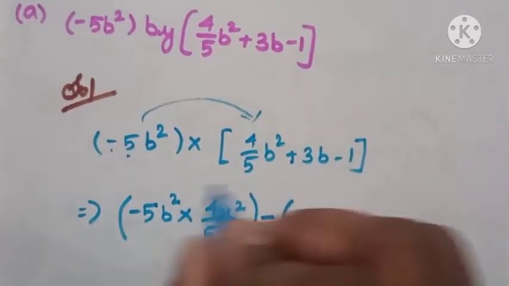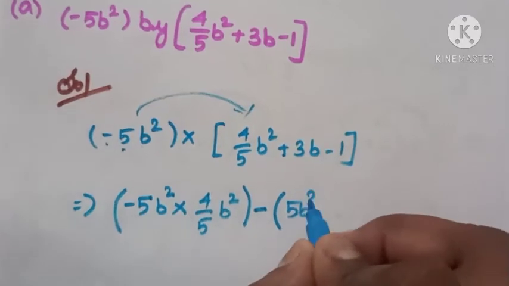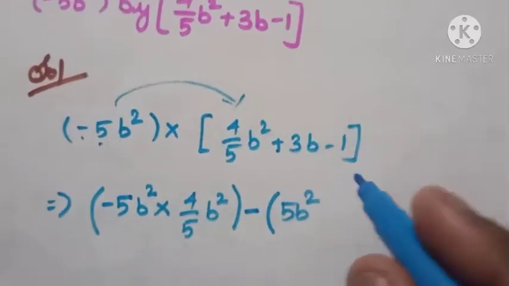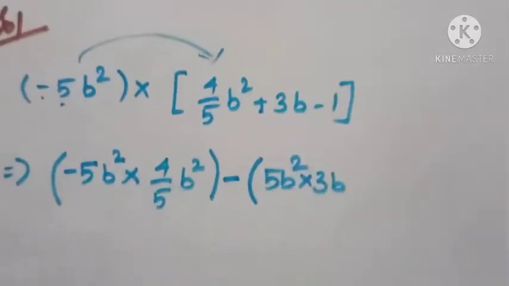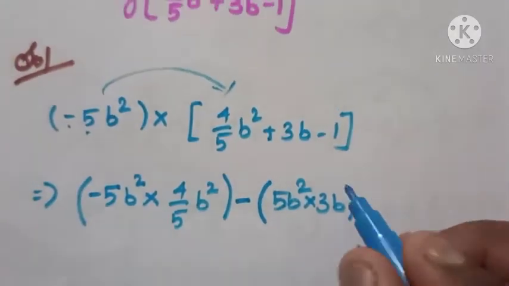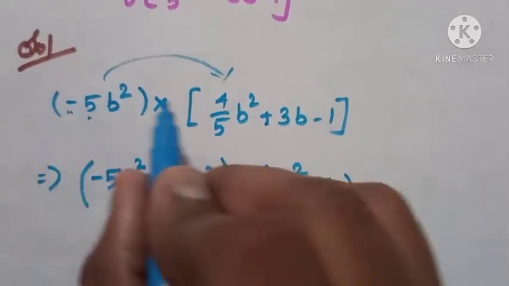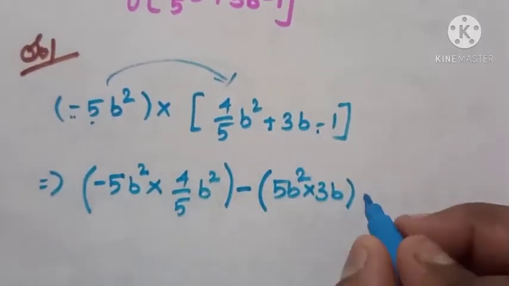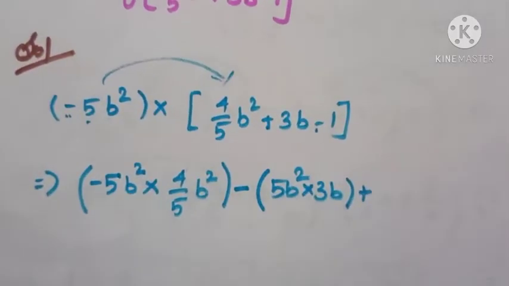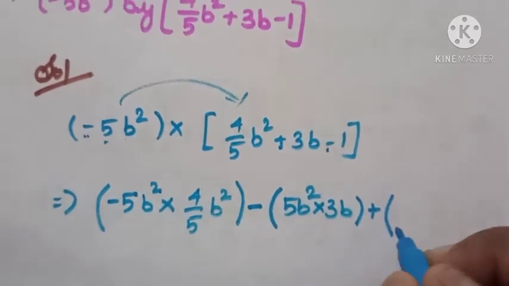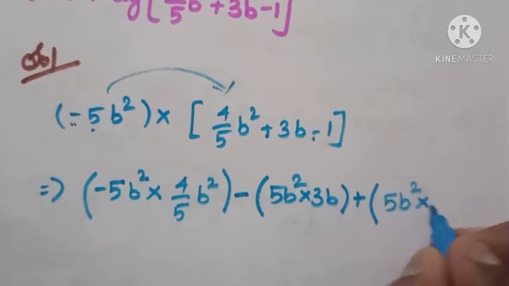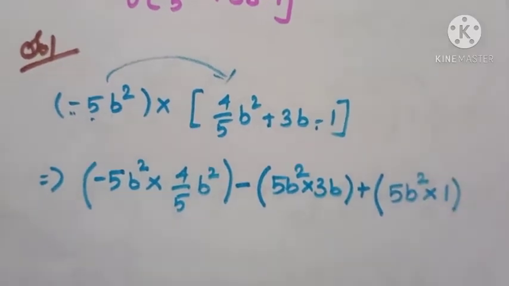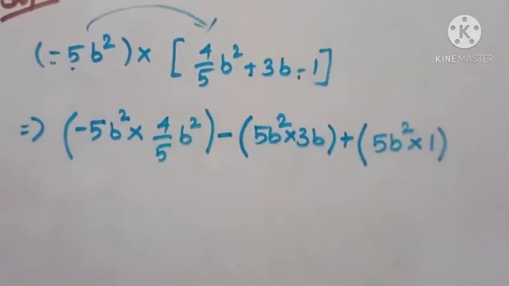Now you go to the numbers. Here 5b square is there and another term is 3b. Next, minus multiplied with minus, you get plus, in integer condition. 5b square into 1. So now we need to multiply as usual.